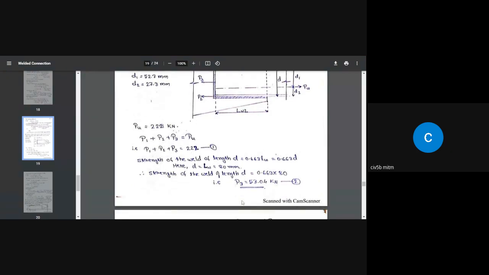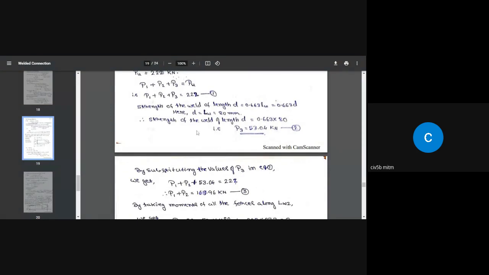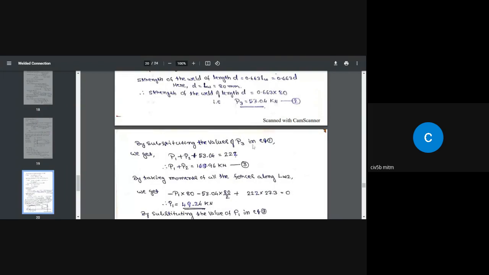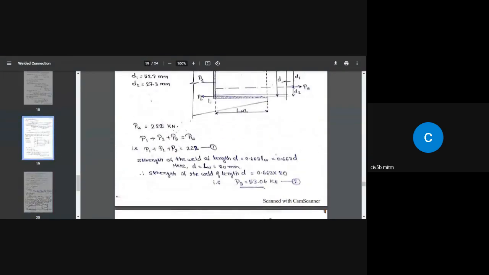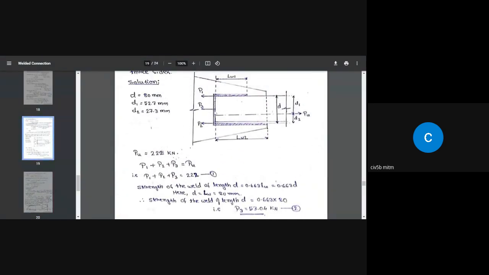Is it clear to you? Once this is calculated, go back and substitute the value of P3 in this equation. We get P1 plus P2 equal to 168.96 kilonewton. That means 53.04 kilonewton is taken care of by this weld, which acts exactly in the centroidal axis.